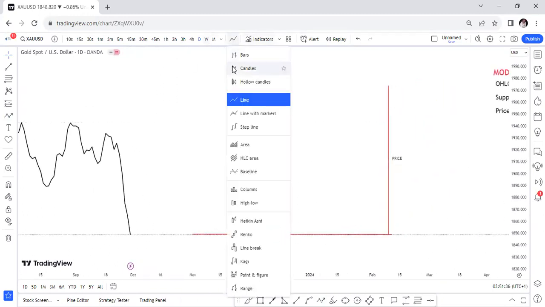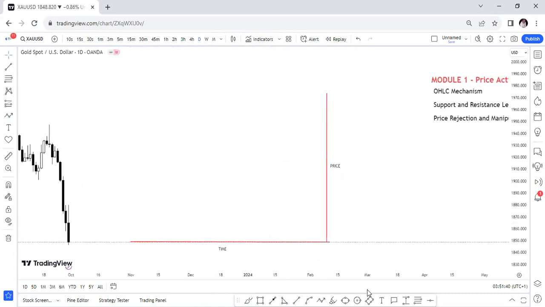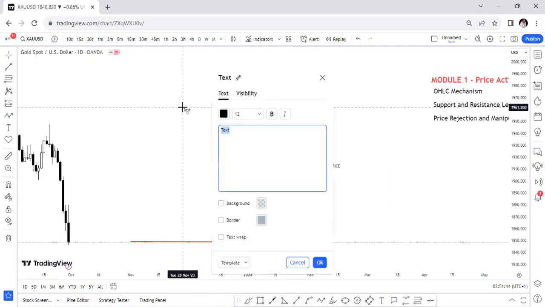The candlestick chart represents four pieces of information: the open, high, low, close. While the line chart only displays the body relative to the close.